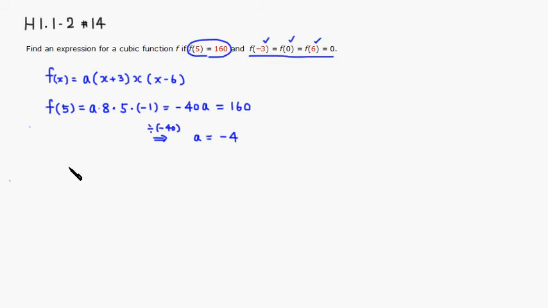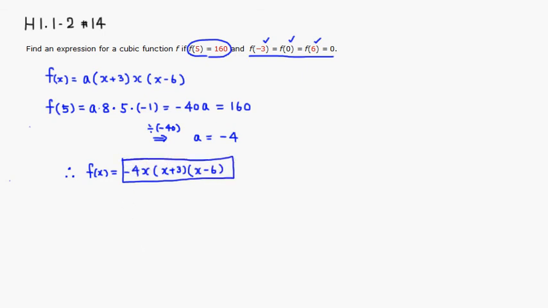Therefore the formula for this cubic function f of x is equal to -4, and I'm going to put the x first, then you have x plus 3 and x minus 6.